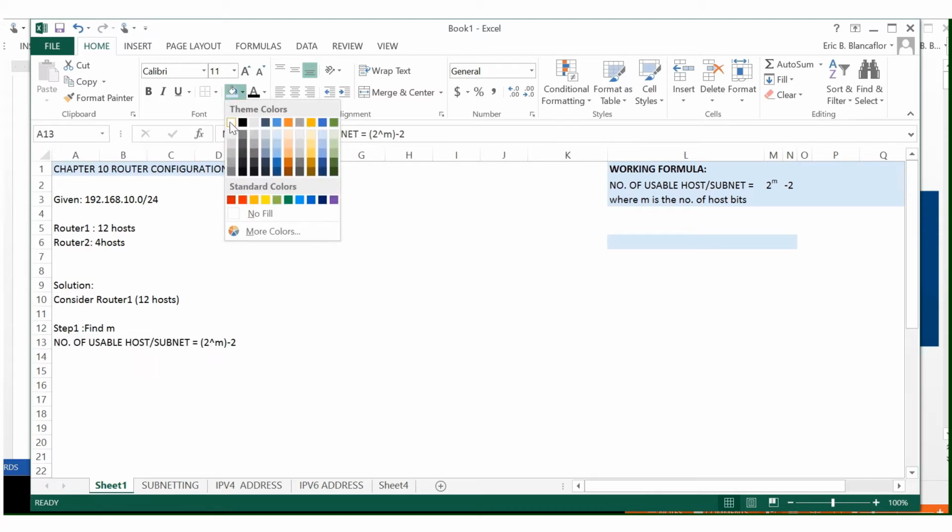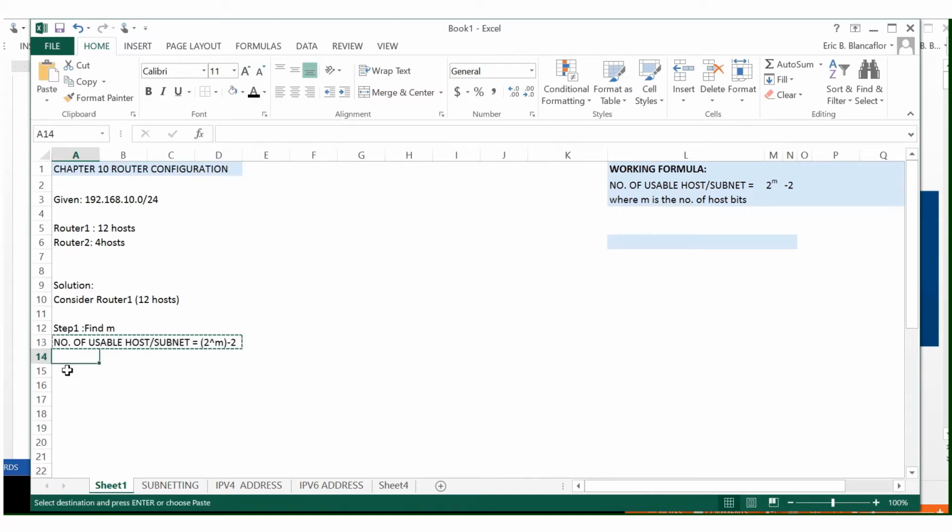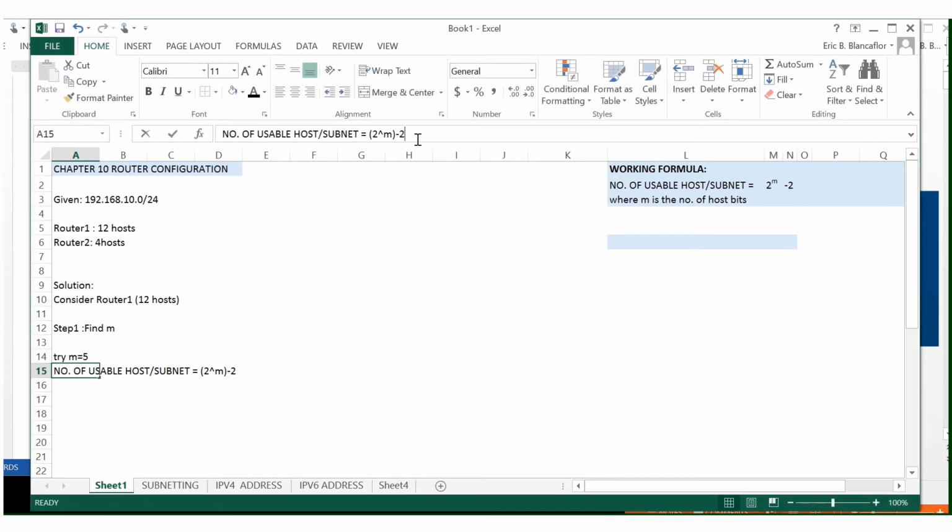So, let's say we try M of 5. If M is equal to 5, and applying the formula here, that's 2 raised to 5 minus 2. Okay, so what's the answer? What is 2 raised to 5? 32 minus 2 is 30 hosts.